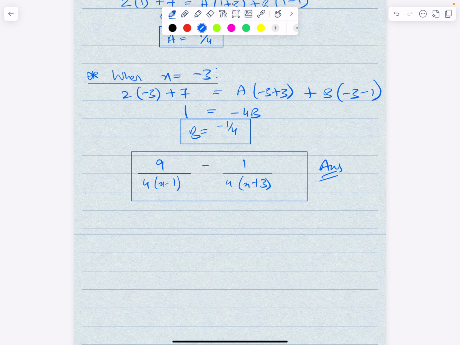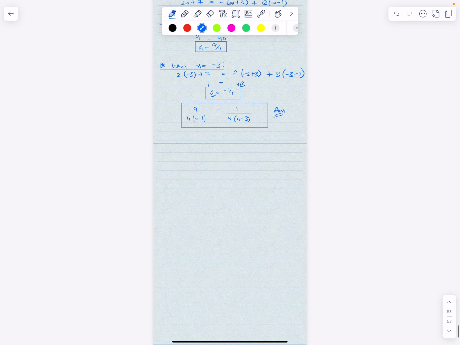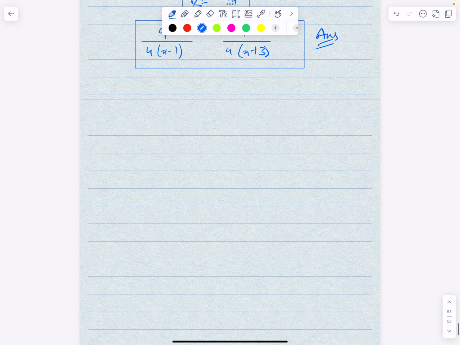Now, our second example for the cover-up method is our second last example. So we have example 2 as (4x + 1) over (x - 1)(x - 2). The denominator is in factorized form again. I'll speed things up.